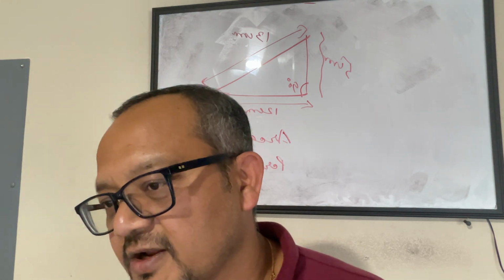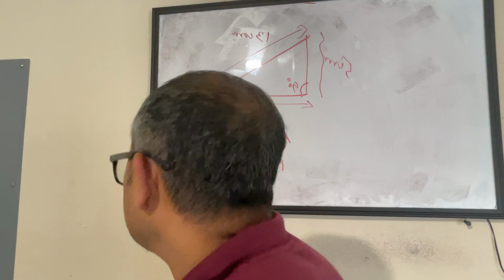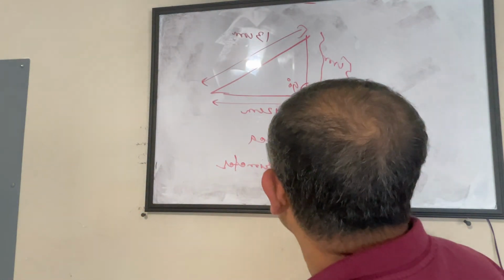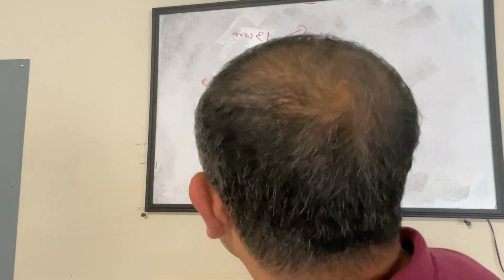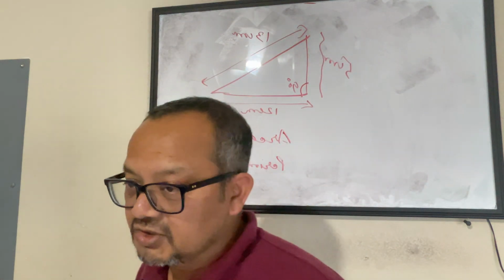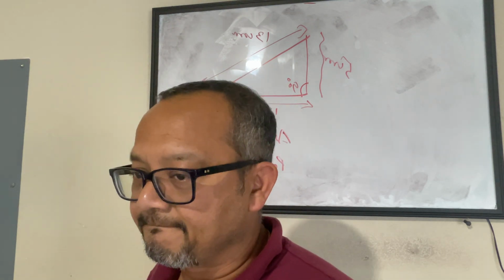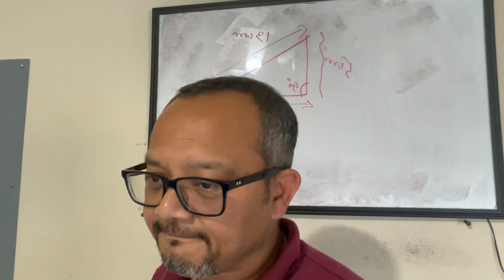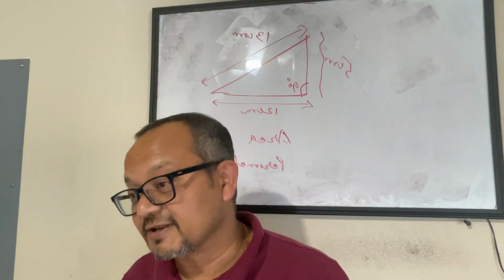How much is that? 30 centimeters. How much did you say, Joel? 30. So I don't get the area, but I got the perimeter. Same for me too, I got 30 centimeters for the perimeter. Good, at least the perimeter part everybody is getting. That's okay.